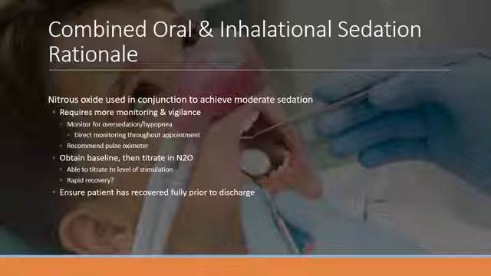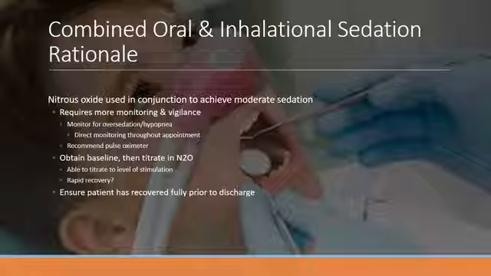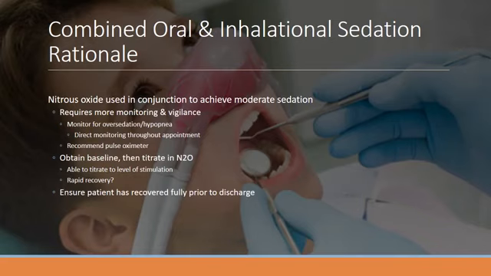And then at the end of the procedure, you turn the nitrous oxide off, and within a few breaths, it's gone, and all that's left is that oral sedative, that baseline that was there. So that can facilitate a much more rapid recovery because you're providing that minimal baseline sedation with your oral sedative, and then you're simply using an agent like nitrous oxide that's quickly on and off as needed throughout the procedure.